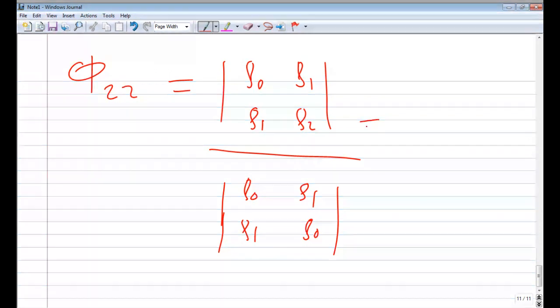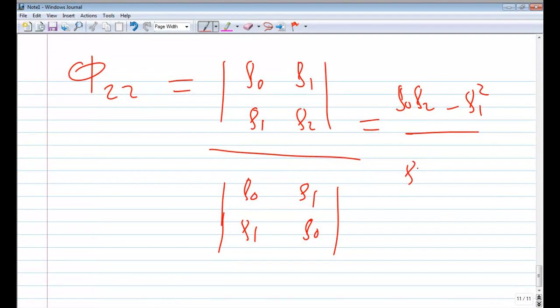And this can also be written as what? You know how to find the determinant, especially those who are doing mathematics. The determinant of the 2 by 2 is going to be equal to row 0 row 2 minus row 1 squared, divided by row 0 squared minus row 1 squared.